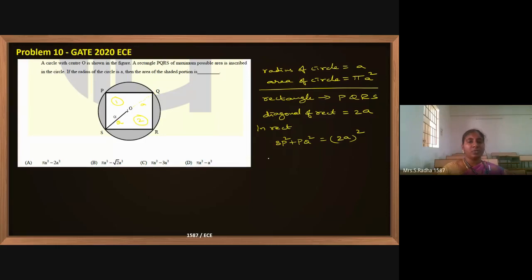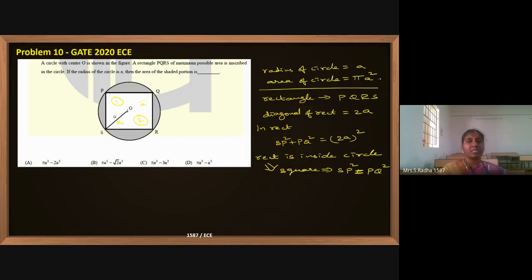And these two sides are equal, because the rectangle inscribed inside the circle is nothing but a square, which means the sides are equal. SP square equals PQ square.